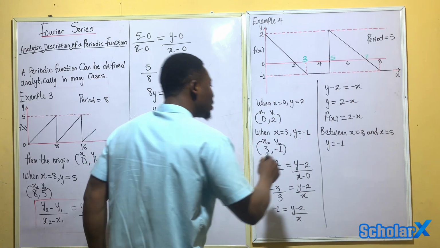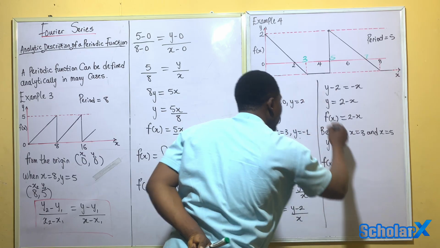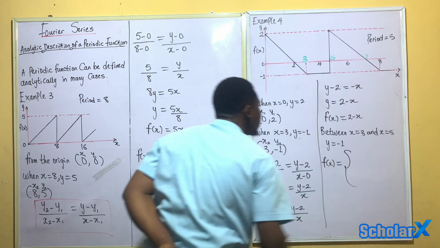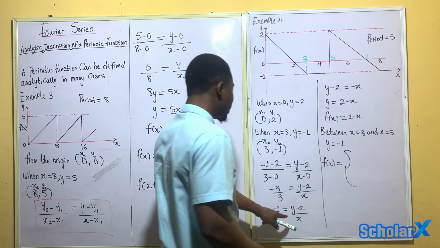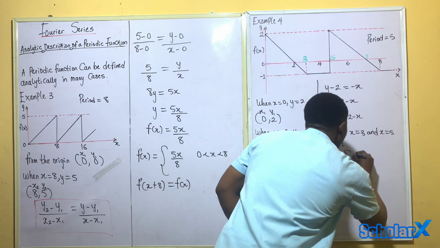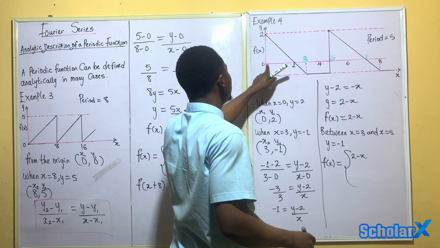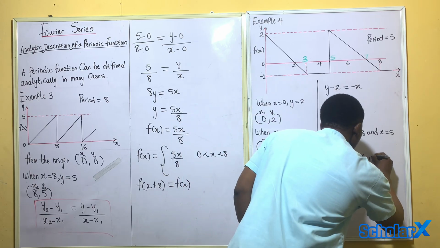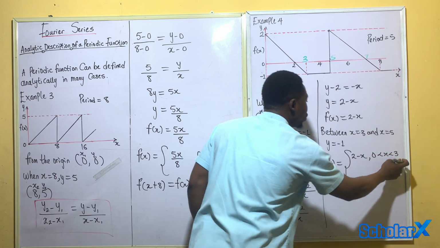So now let's continue. Representing this periodic function, our f of x is going to be 2 minus x for the range of values of x between 0 and 3, that is 0 is less than x is less than 3.